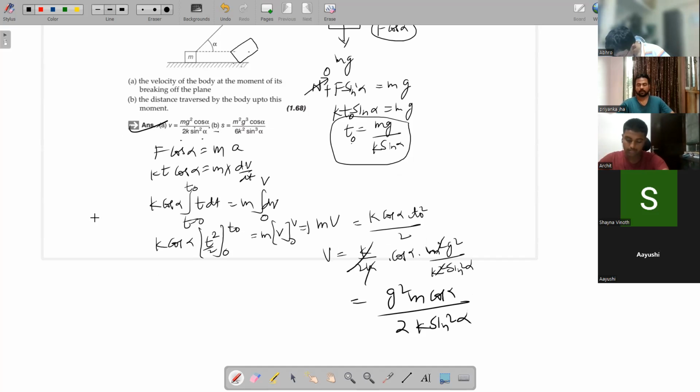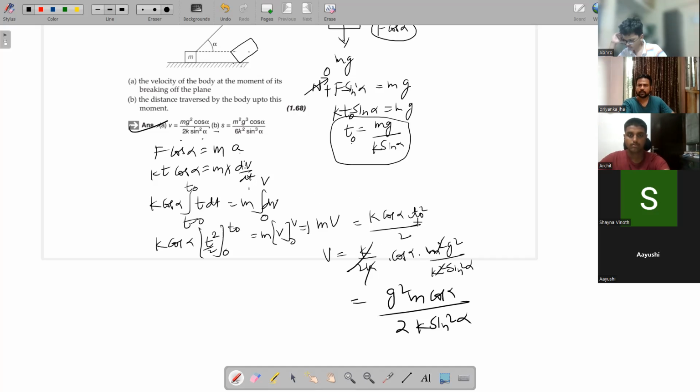Can you explain the last step again? After we multiply cos alpha, how did you get v? The expression is dv by dt, the rate of change of velocity. So you got mv equals k cos alpha t square by 2.